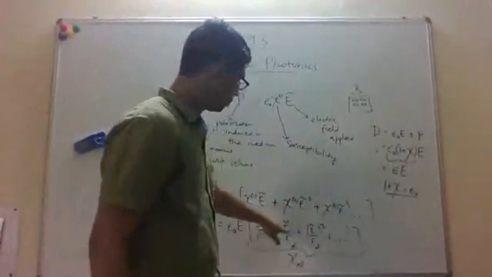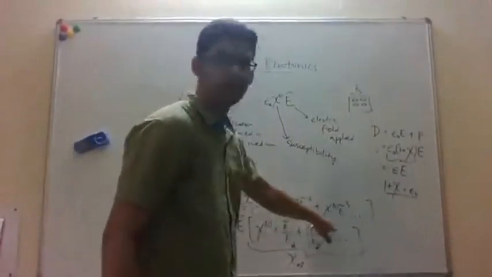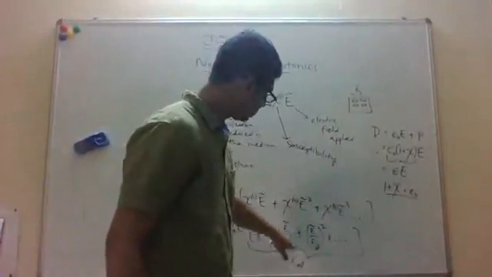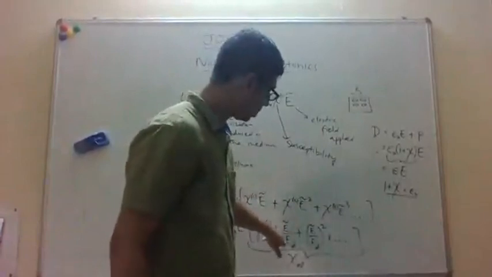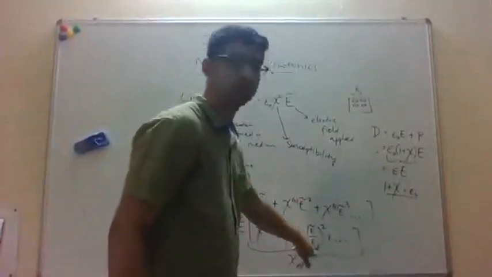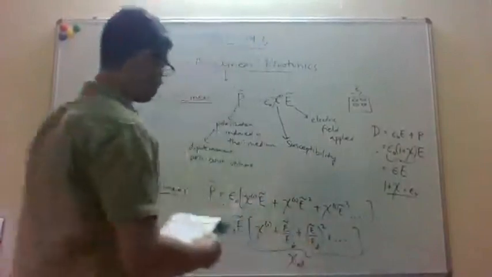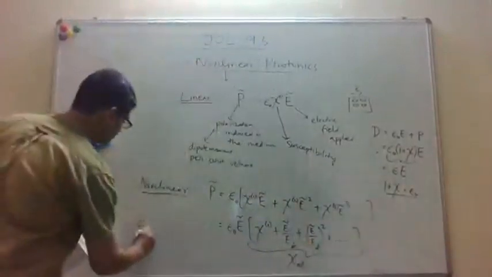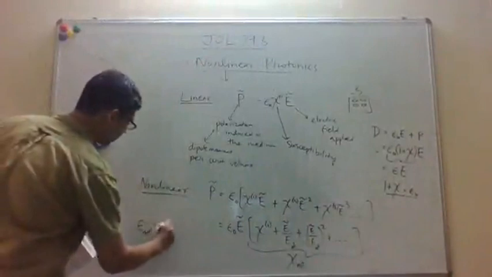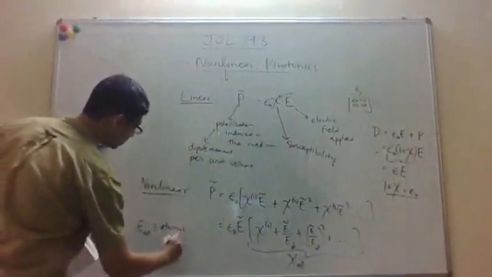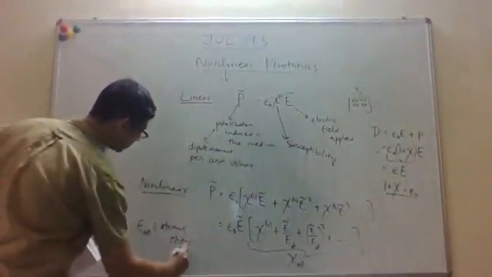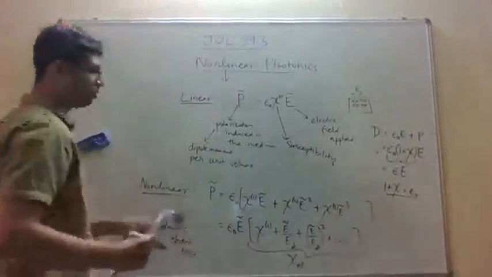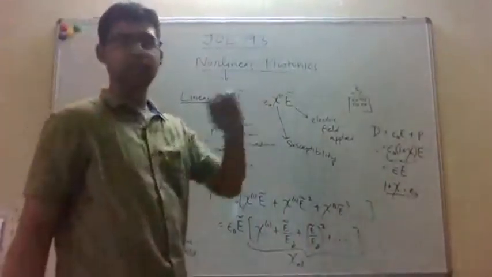So we are expanding it as a function of the electric field applied, divided by some constant which I call E atomic, right? So that's, in some sense, you can think of this as the atomic electric field. Which is the field felt by the electron inside the atom, right?